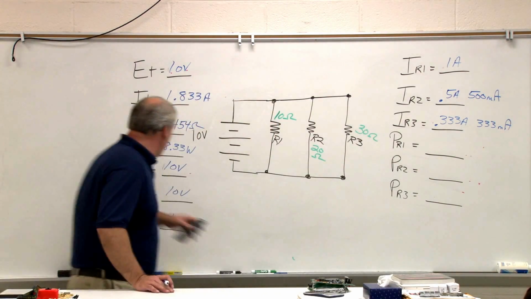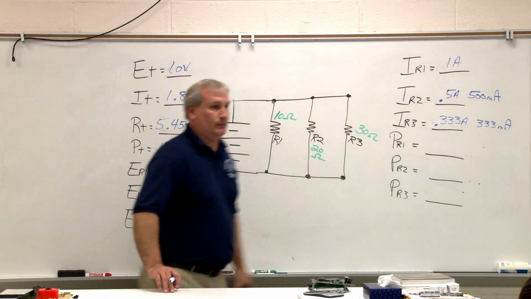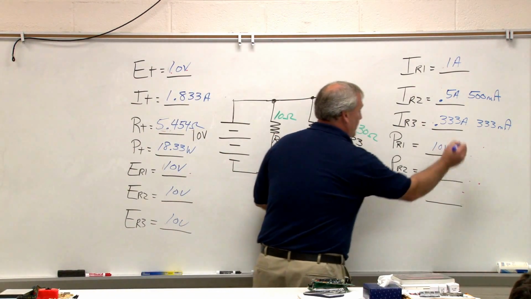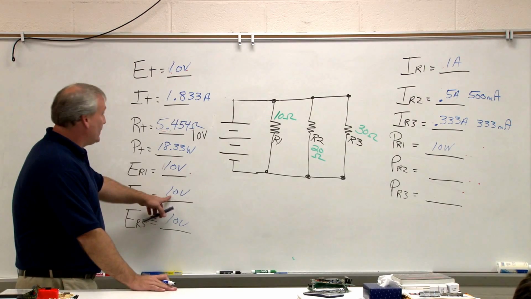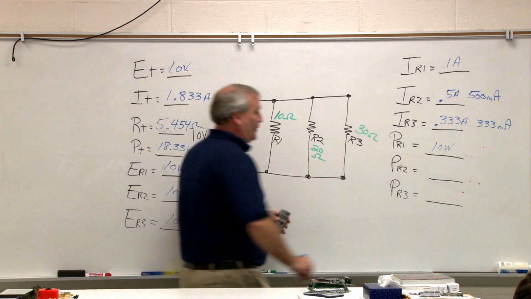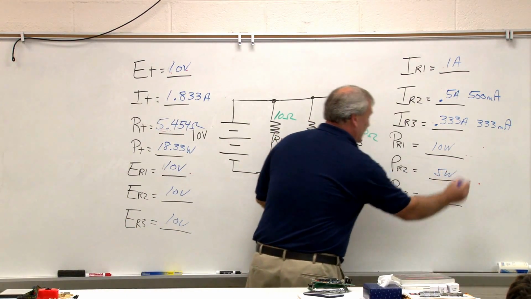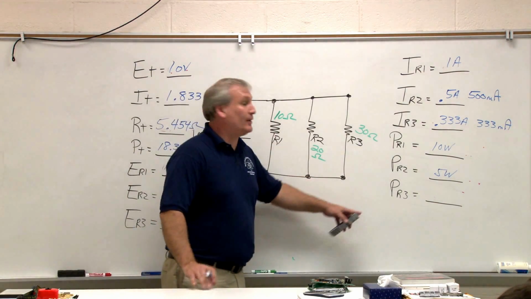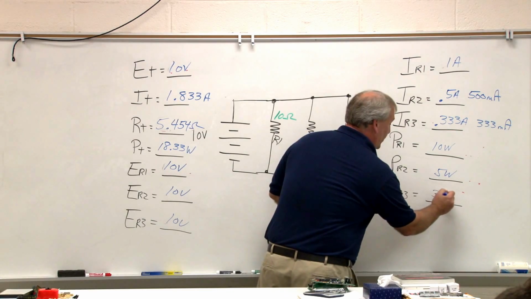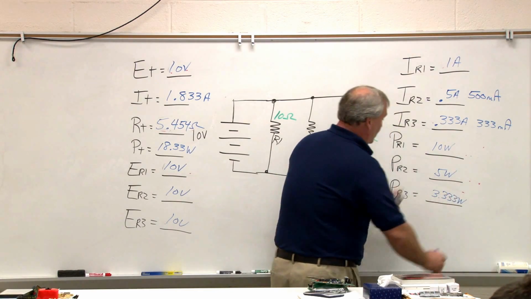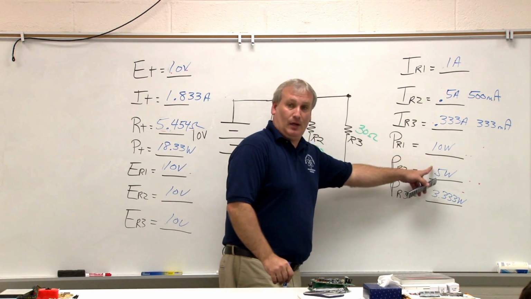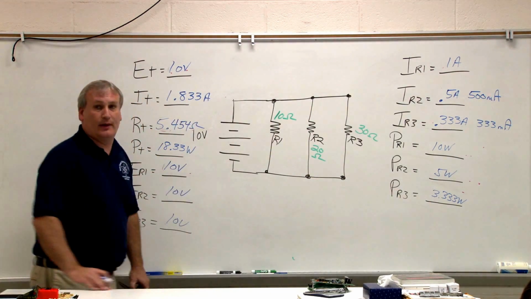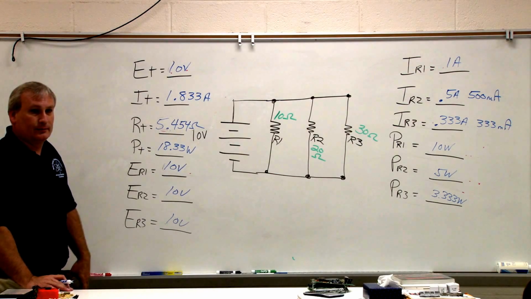PR1 is always ER1 times IR1. So 10 volts times 1 amp is 10 watts. PR2, 10 volts times 0.5 amps is 5 watts. And PR3, 10 volts times 0.333 amps would be 3.333 watts. And then we can add them up and we should come up with P total, which is 18.33 watts. And that looks like it worked out.